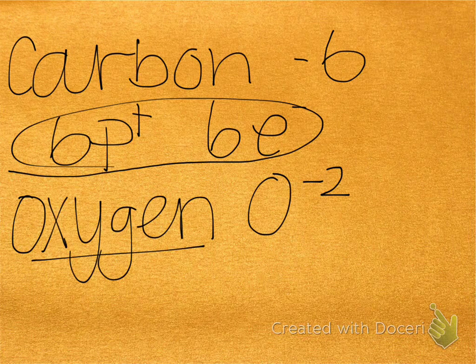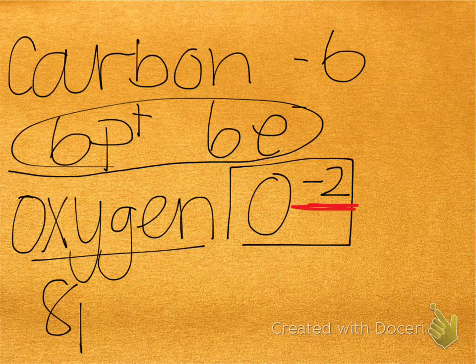Now, if we have oxygen, but it has, we're going to write it like this, a -2 up here on a superscript. That tells you what the charge of the overall atom is. So our charge is -2. So to find our protons, we're always going to look at our periodic table. So we know that we have 8 protons.